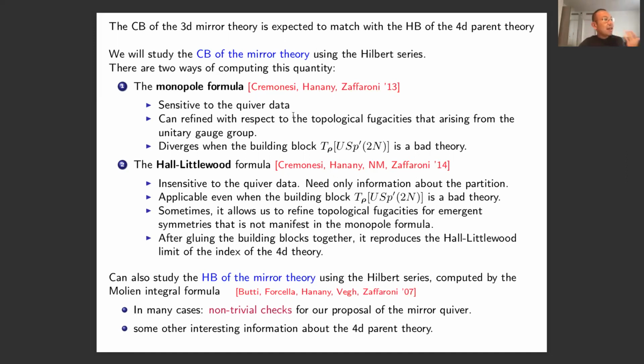You can refine the fugacity with respect to symmetry, but some of them are not so visible. I will give you some examples. This is an accidental symmetry that emerges in the infrared, but you cannot see it from the ultraviolet description. You can also study the Higgs branch of the mirror theory, and even the Higgs branch of the mirror theory can have some non-trivial information about the 4D parent theory.